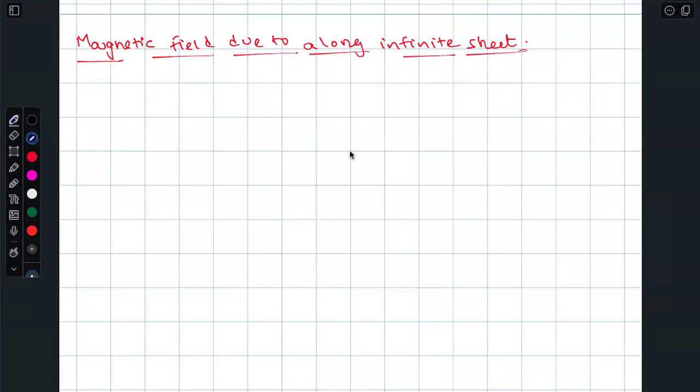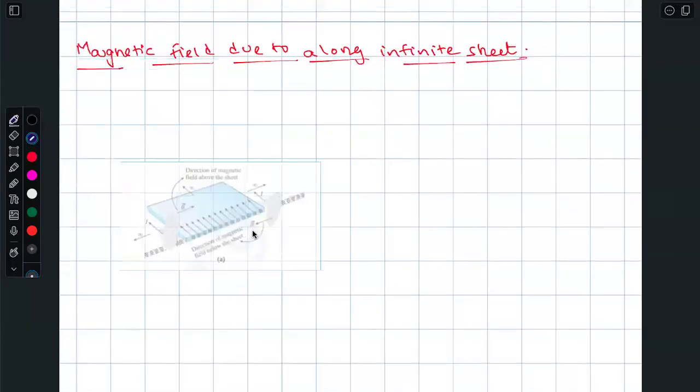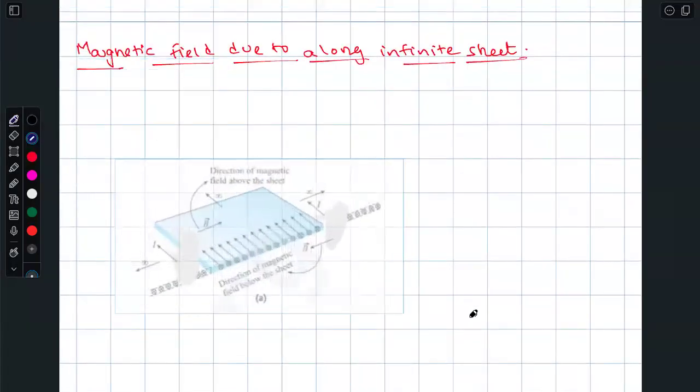So how to understand this? That we need to first take up. First of all, how it looks like. So this is how it looks like.